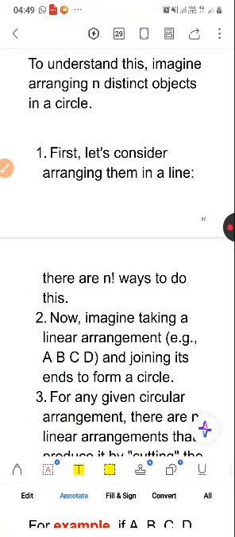You want to arrange ABCD in a line, and since it is linear, you just have to take 4 factorial.